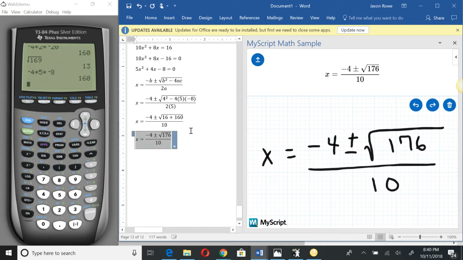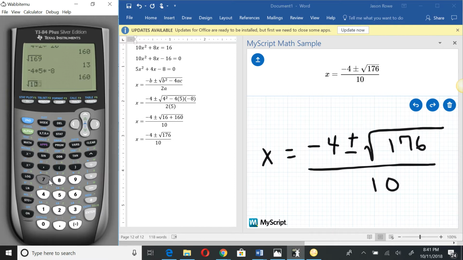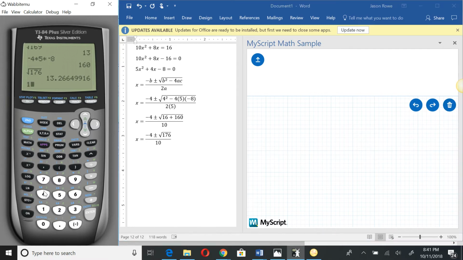And let's see. I'm pretty sure this is not a perfect square root. No, it's not a perfect square root, so that means I'm going to have to simplify the radical. We're not going to use decimals. So we're going to have to work with 176. And I know it's divisible by 2. All right, let's see 176. Let's see if it's divisible by 4.